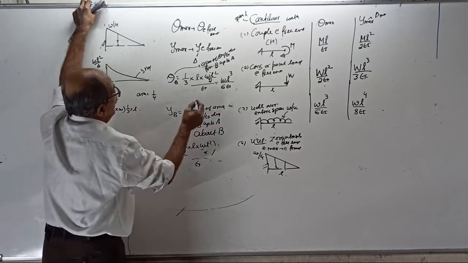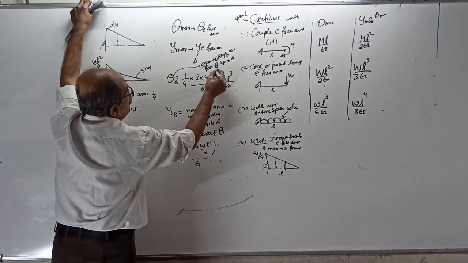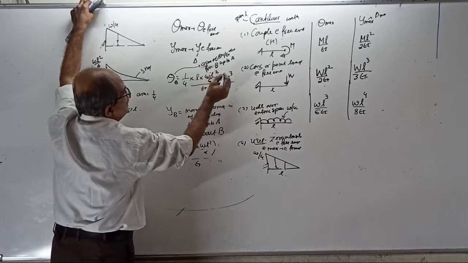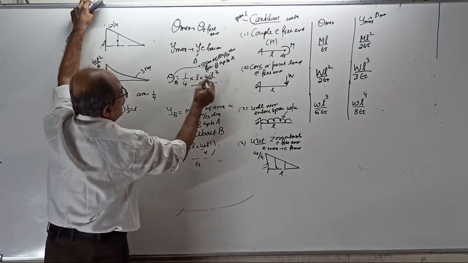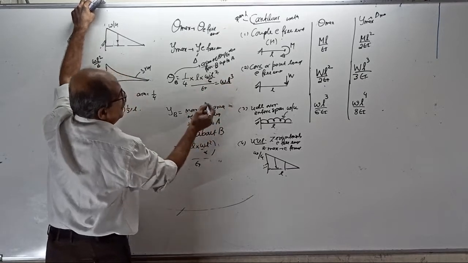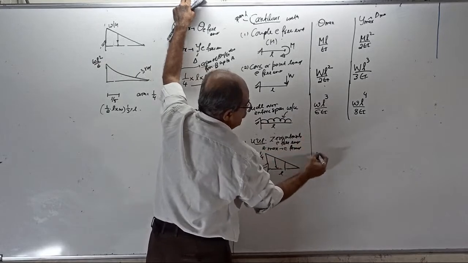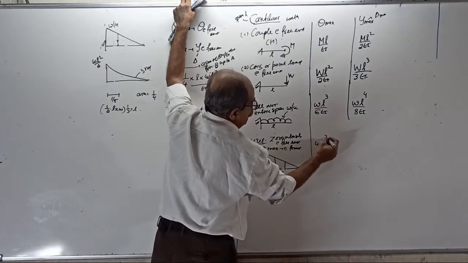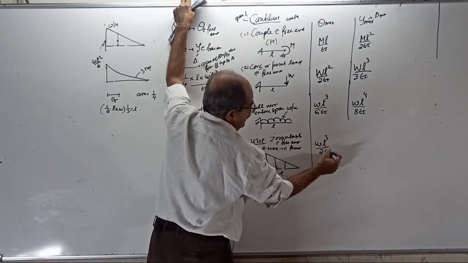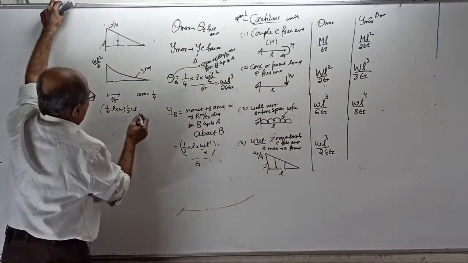Okay, start. Area: 1 by 4 into L into WL square by 6 equals WL cube by 24EI. See, maximum slope WL cube by 24EI, and maximum deflection: same area.